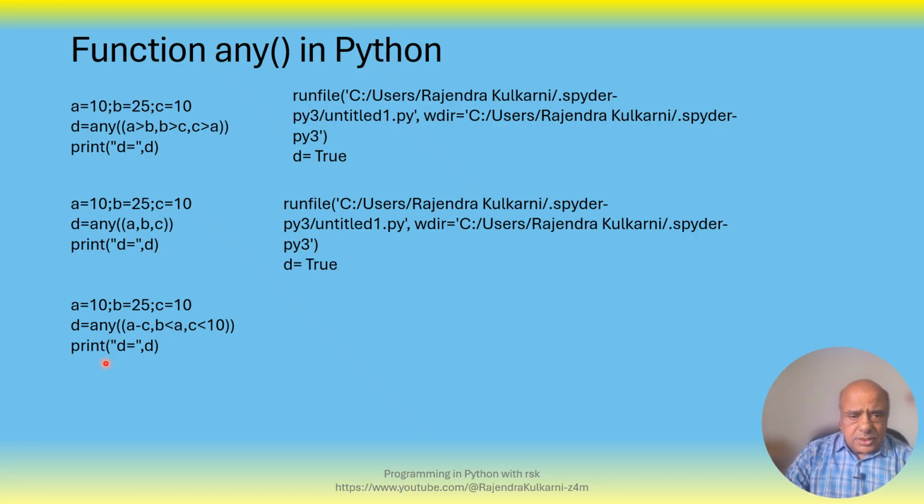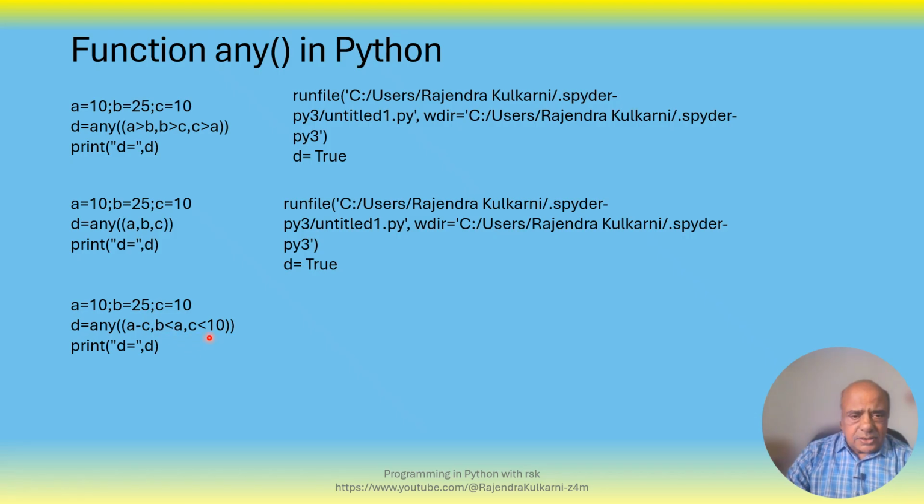Now in this case, we are inserting mathematical expressions in our program for any. A is 10, B is 25, C is 10. Any will check A minus C, 10 minus 10 is 0, B less than A. B is 25, A is 10, so it will evaluate to false.